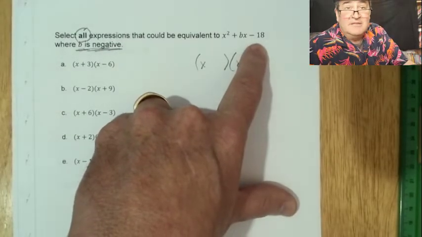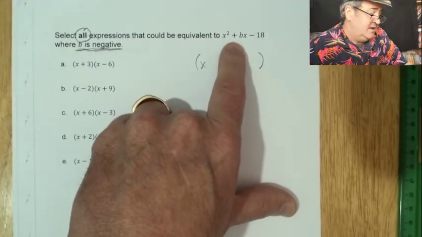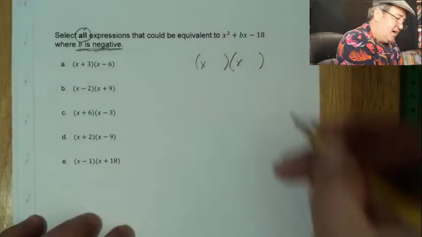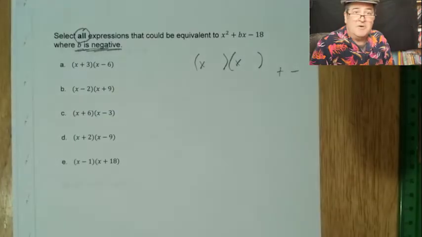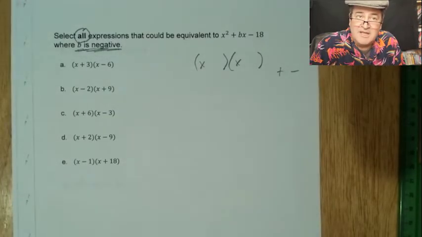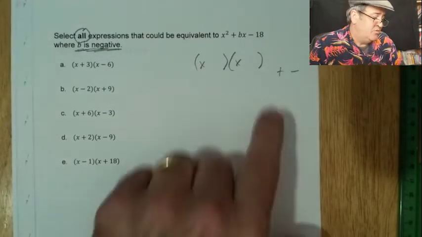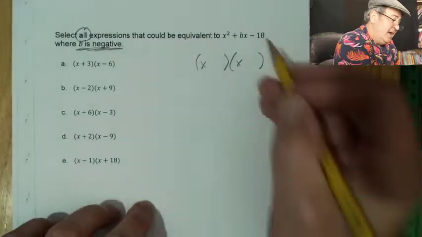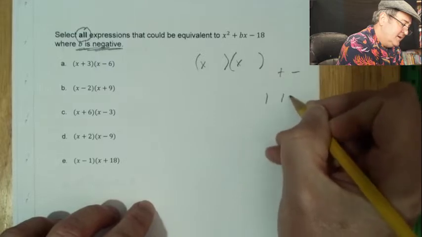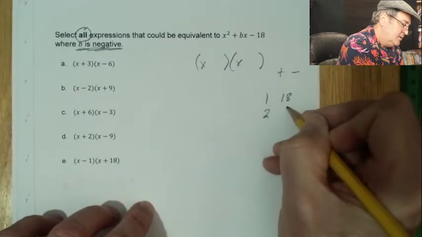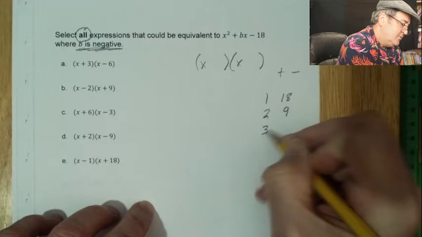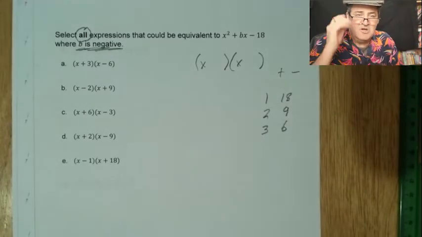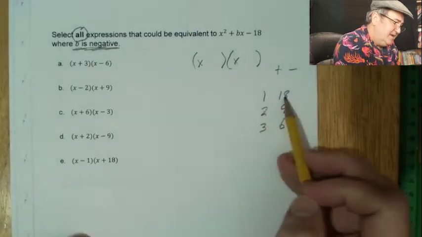Negative 18, and it's a positive right there. So negative 18, it's got to be a positive and a negative because that's the only way we can multiply 2 numbers together to get a negative answer. So one of these terms has got to be positive, one of them has to be negative. And 18, 1 and 18, 2 and 9, 3 and 6, and that's about it. That's our only options. So any of these can multiply together.